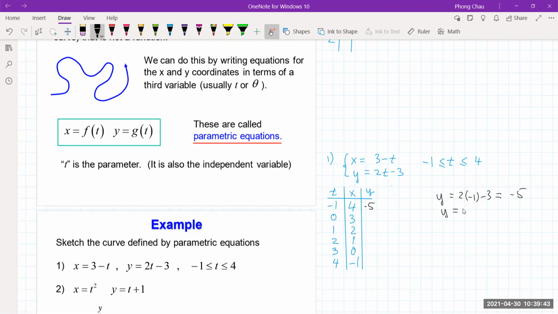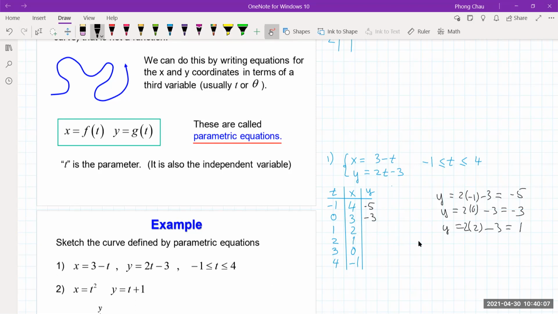And if you plug in 0, that one is easy. 2 times 0 minus 3, it's -3. And then you plug in 2 times 2 minus 3, 4 minus 3 is 1.